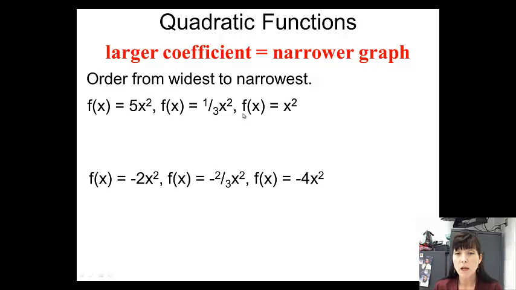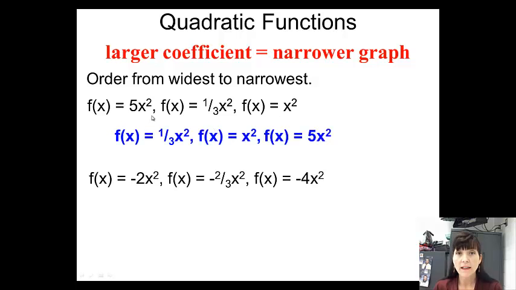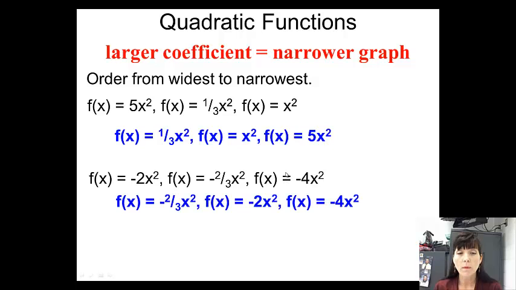And so what is our smallest coefficient? 1/3 x squared. Our next one is 1, and then finally 5. See if you can do these second set of functions. When we put those in order, we get negative 2/3 x squared, then negative 2, and then negative 4. Hopefully you were able to do that with some ease.